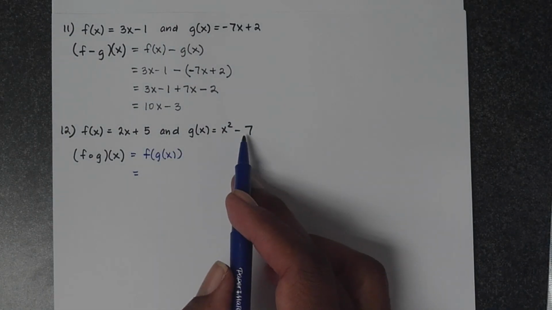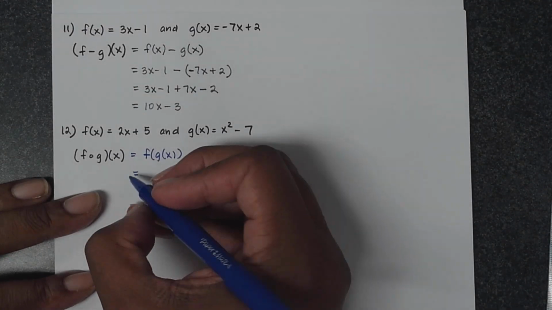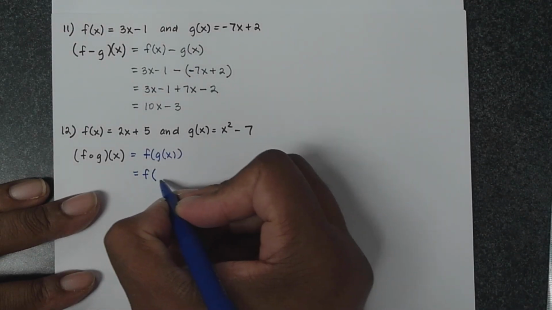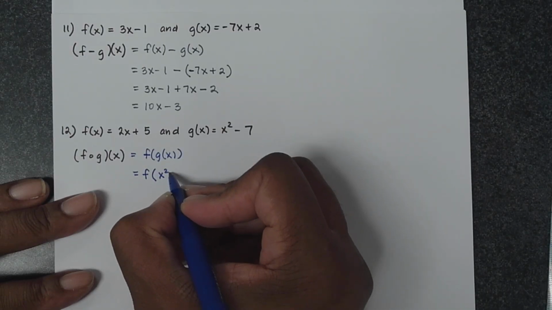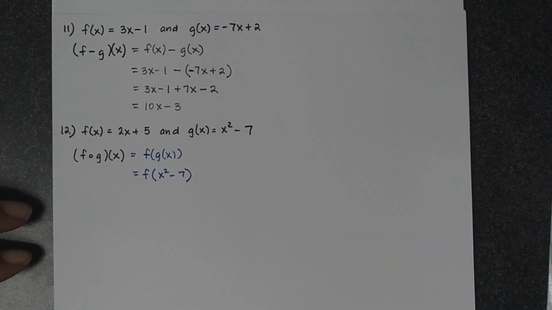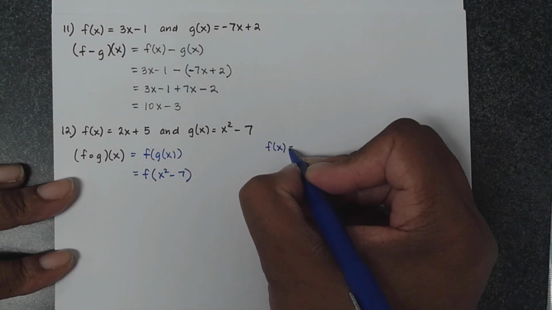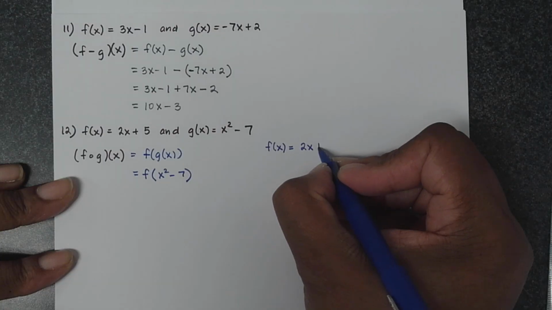Well, g of x is equal to the x squared minus 7, so I'm going to replace this g of x with what it's equal to. So I'm going to bring down f of, replace the g of x with x squared minus 7. Now, of course, my f of x function, as you see, is given to me as 2x plus 5.